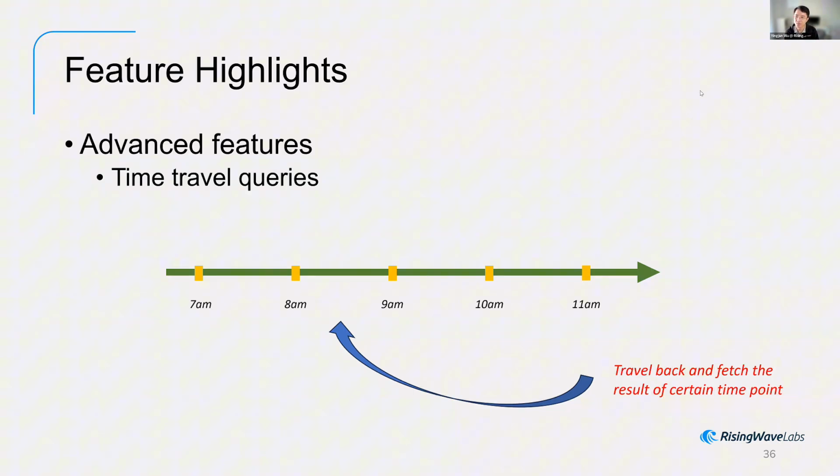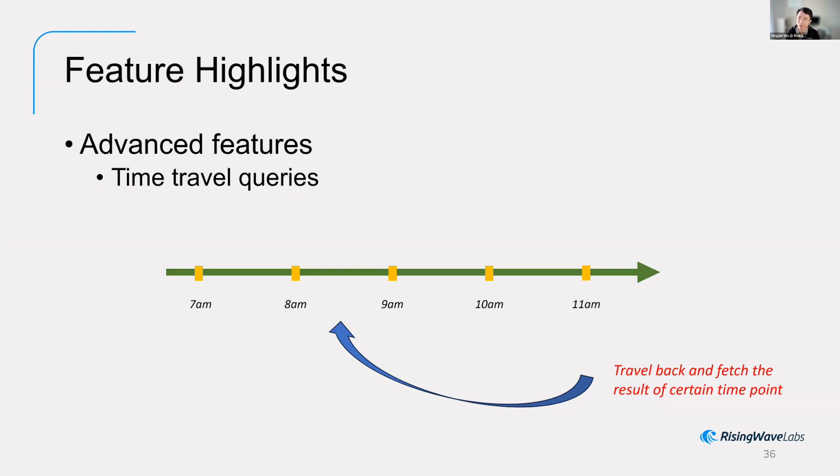Or even if you want to fetch the results from a random time point, what can we do? Well, we can always store the data results for every single time point. But that could be very expensive in terms of storage usage.